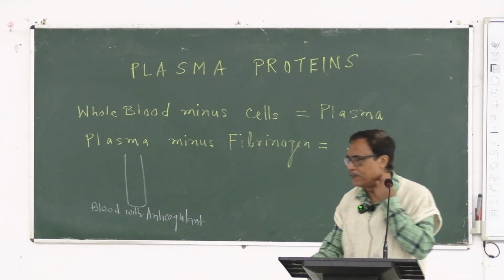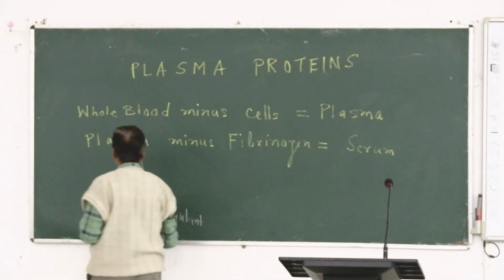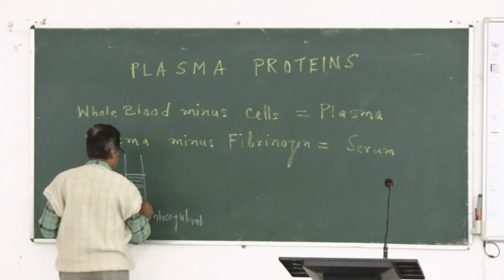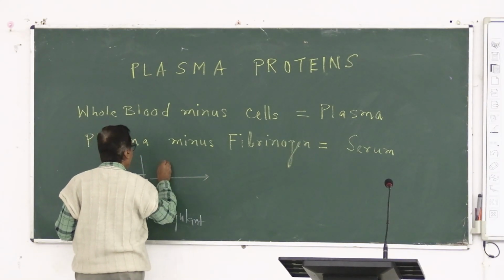These are anticoagulants. Whole blood with anticoagulant, you centrifuge.